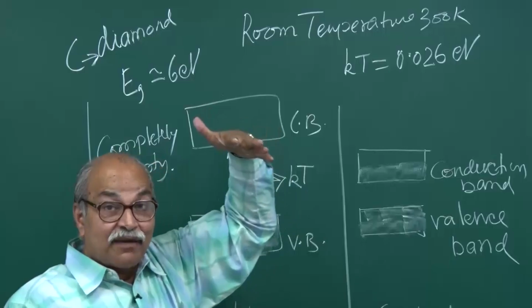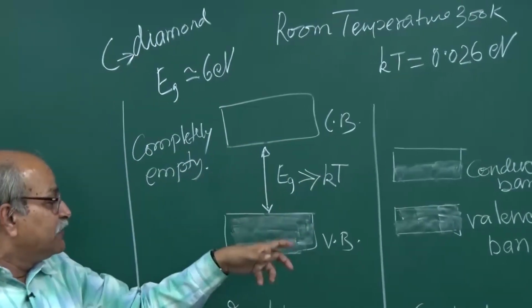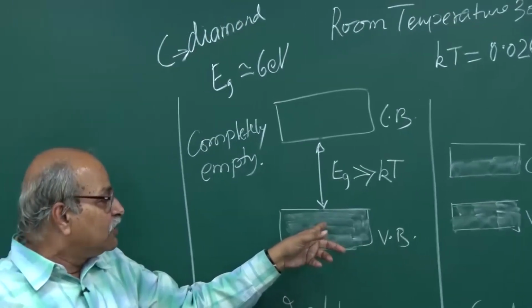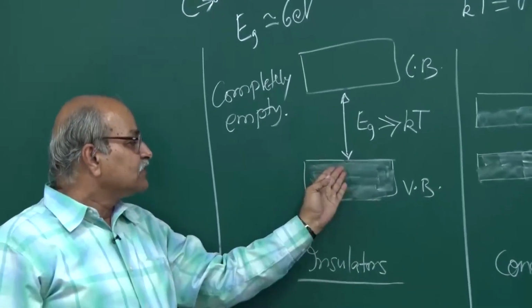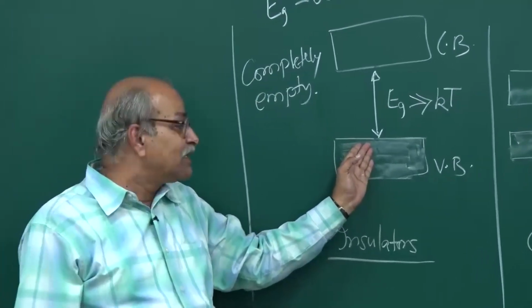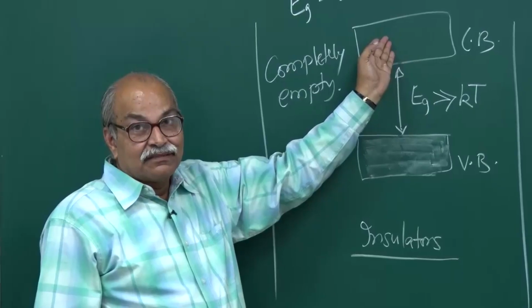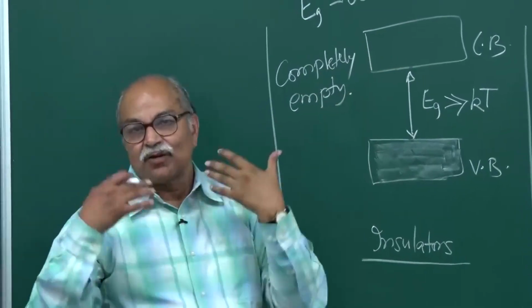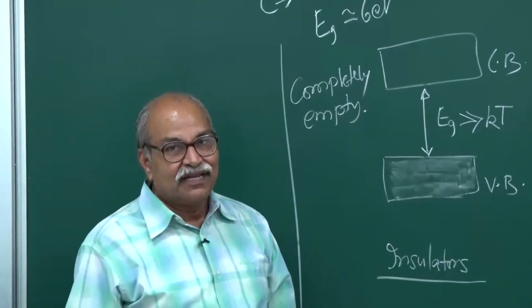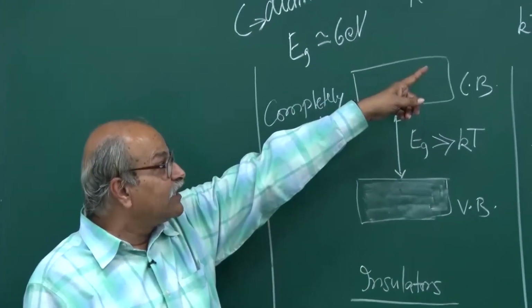It's a large gap. So if I ask, is there a significant probability of an electron in this valence band taking up thermal energy from the lattice and moving to the conduction band? The probability is almost negligible, and therefore these electrons will stay there even at 300 K.